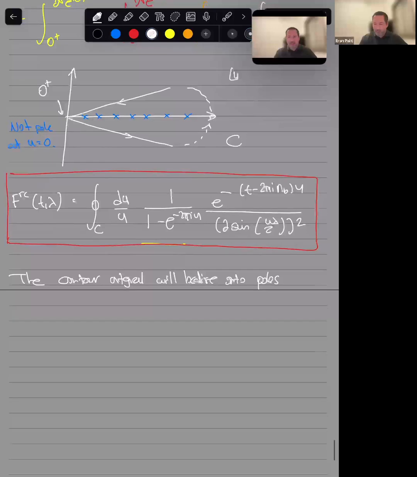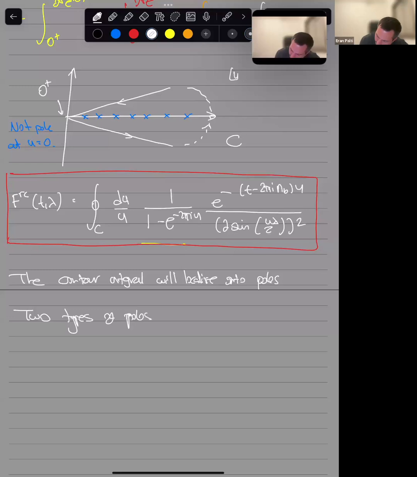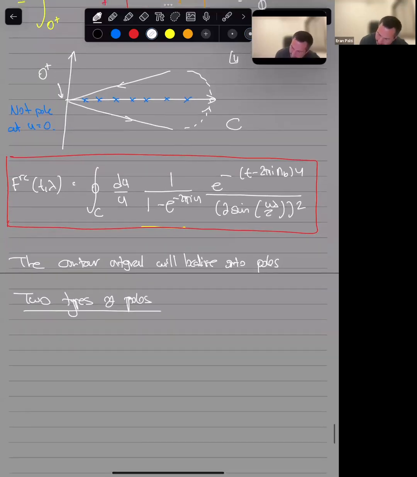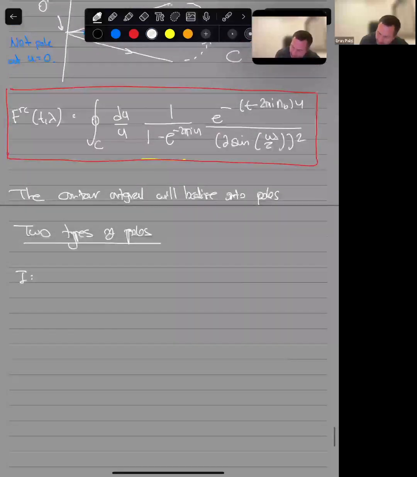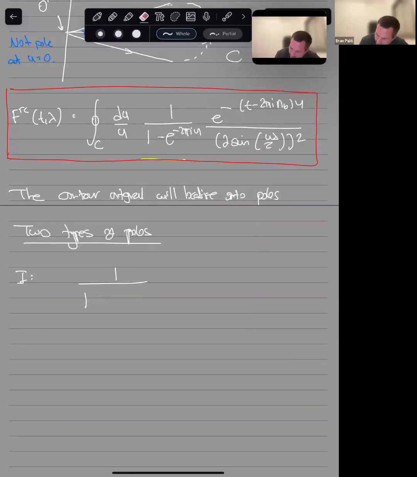And we can see that there are two types of poles. Okay, so there's the first type, type 1 poles, if you like. They come from this 1 over 1 minus e to the minus 2 pi iu factor in the integrand.